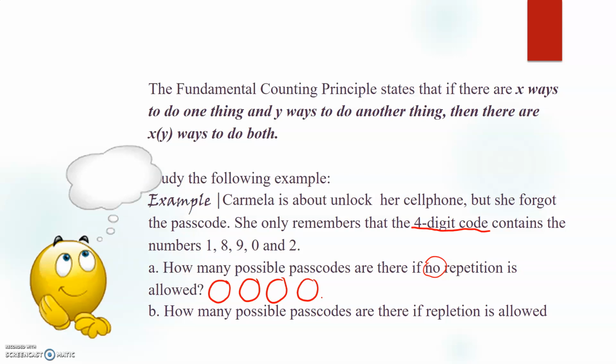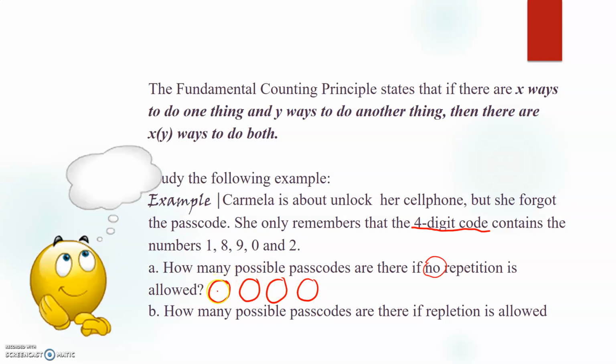Now, take note that what we are looking for in this problem is not the specific code, but the number of possible passcodes, given the possible digits of the passcode and the number of digits that the passcode has. So here we have a four-digit code, that's why we have here four circles.